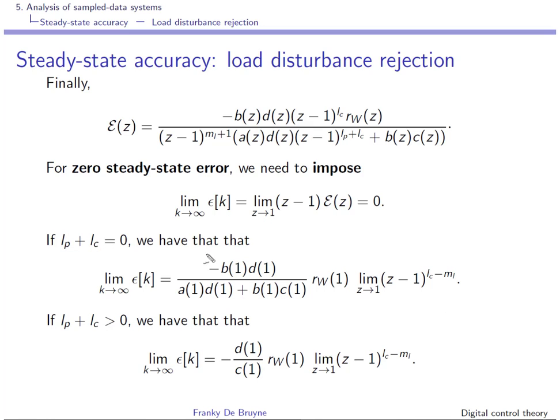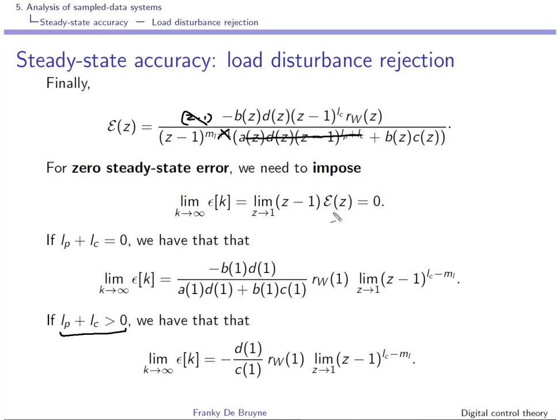If LP plus LC is larger than 0, you still have to take this limit when z tends to 1, so we have to put a z minus 1 over here. This one will cancel out with this one. The only difference is this is now something that is positive, so when z tends to 1, this one here will disappear.